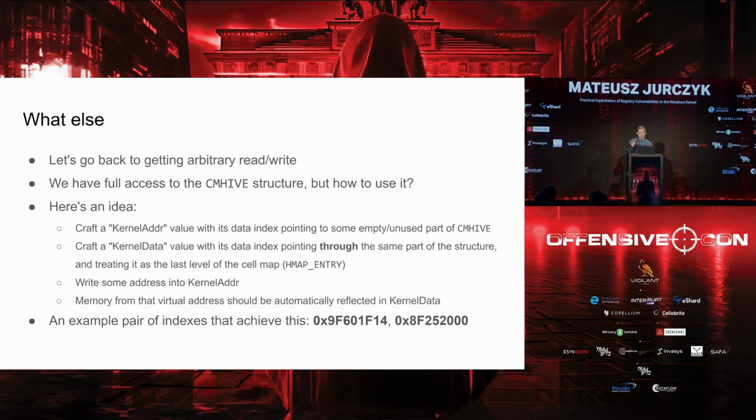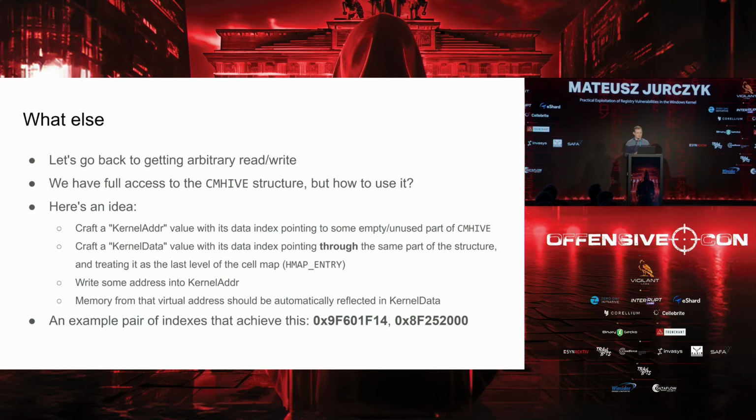And the second one would have a cell index that would basically be pointing through the same part of the structure and treating this part as the last level of the cell map, so it would be used as part of the cell walk. If we manage to pull something like that off, we could just write some address into the value kernel address, and then immediately the data from that virtual address would be automatically reflected in the kernel data value.